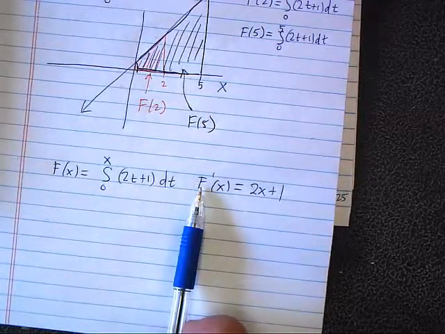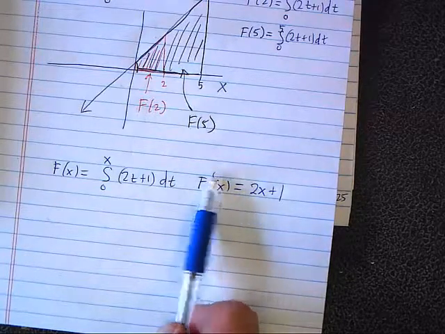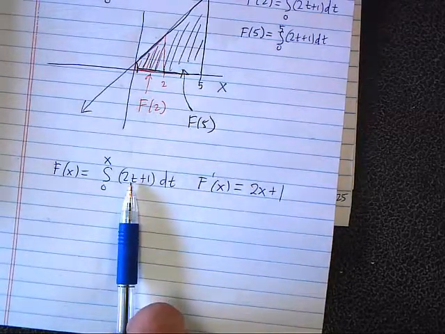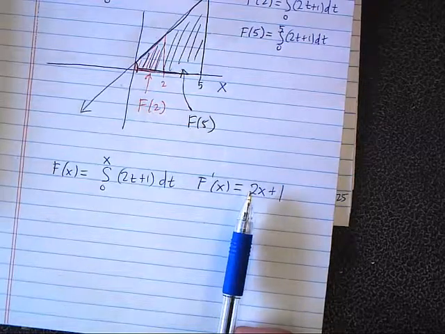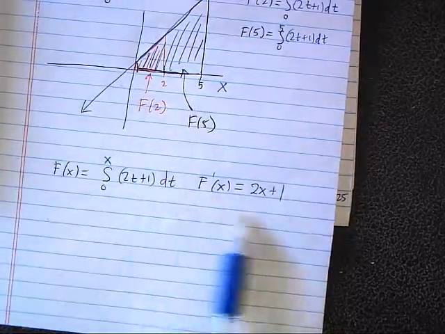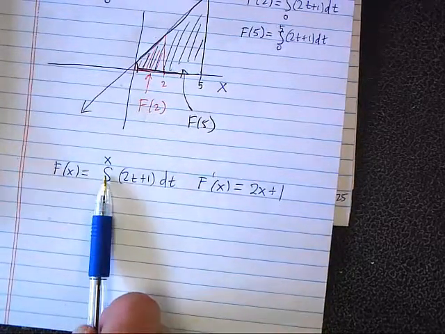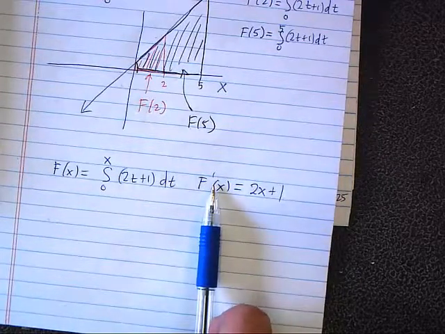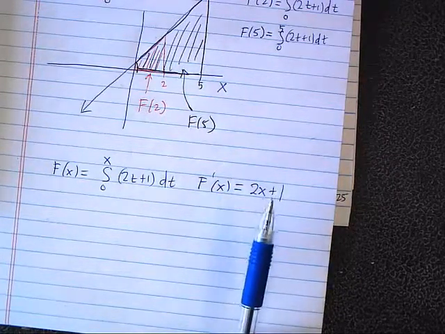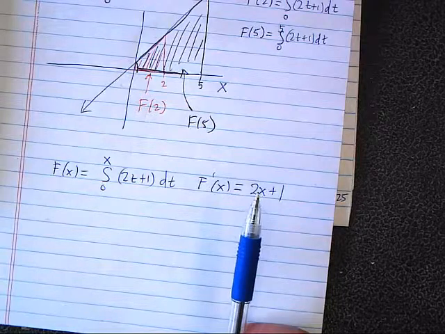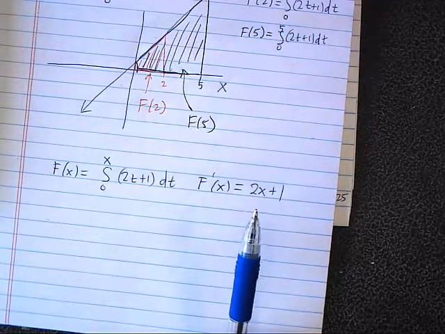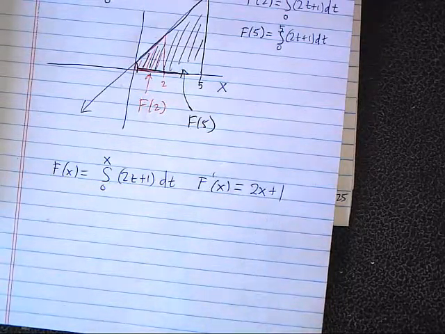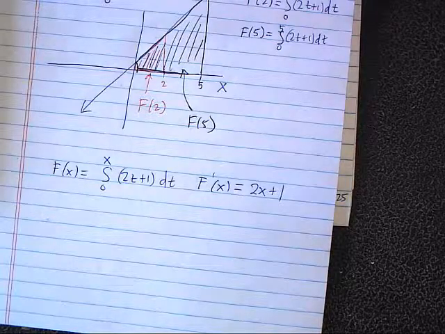What happens when you take the derivative of an antiderivative? You get the original function back. This part of the theorem basically says antiderivatives and derivatives are opposites of each other. But we already knew that. Isn't that how we defined antiderivative? Didn't we define antiderivative as the function whose derivative is the original function?